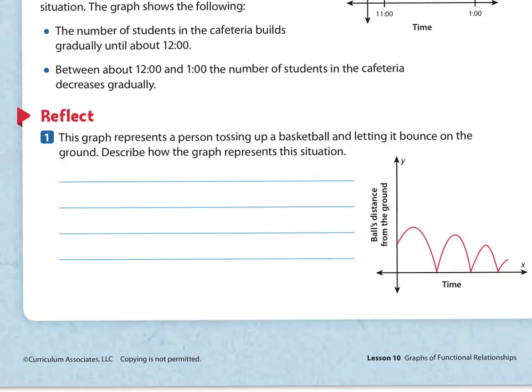Now we're going to be answering question 1. It says, this graph represents a person tossing up a basketball and letting it bounce on the ground. Describe how the graph represents this situation. Whenever you toss a ball, from the starting point, it's going to go up and it's going to bounce. But after the first bounce, it's actually not going to get the same height.